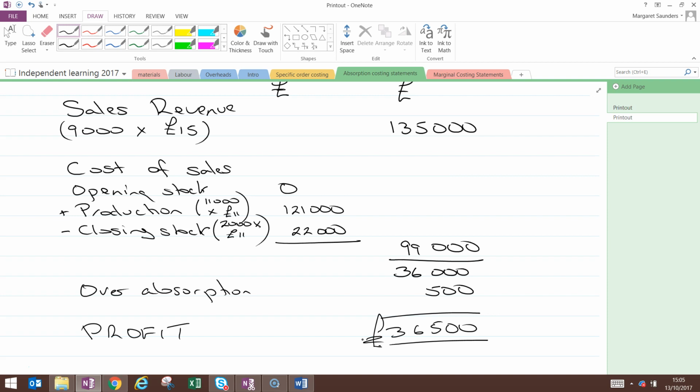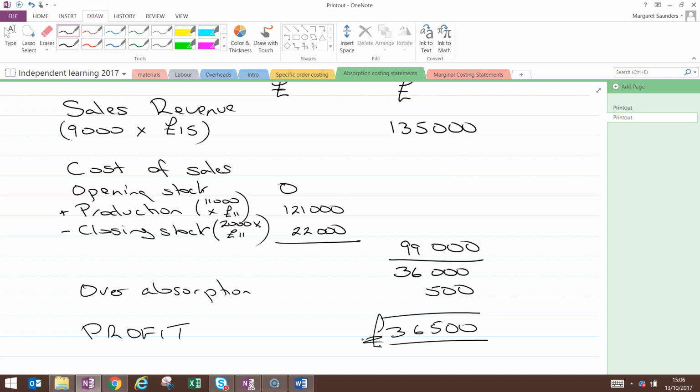So the layout is quite important. It is always your sales revenue, then you deduct the cost of your sales, then make an adjustment for over or under absorption, and that will give you the profit figure. To arrive at the cost of sales, it is opening stock plus the production cost minus closing stock.